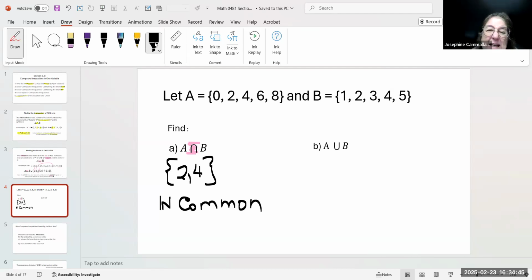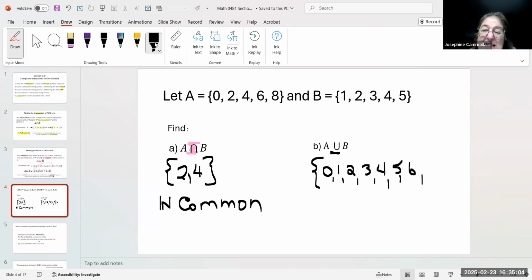Well, right here, the union is everybody, which is 0, 1. Now, I only write 2 once. 3, 4, 5, 6, and 8. Everybody gets written.